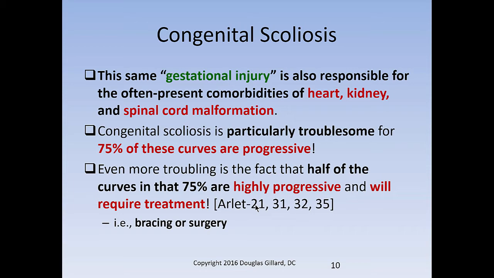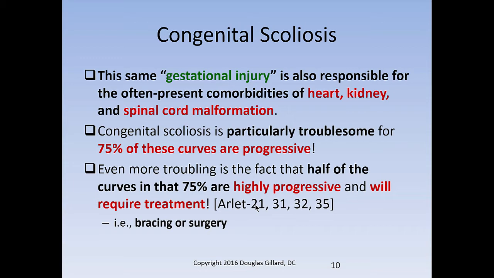And congenital, who cares about this? Because congenital scoliosis, even more so than AIS, those curves like to progress, sometimes dangerously. You can get big curves where you have trouble with lung volume, and people can actually die from this if it's severe enough. So we definitely need to know about it.